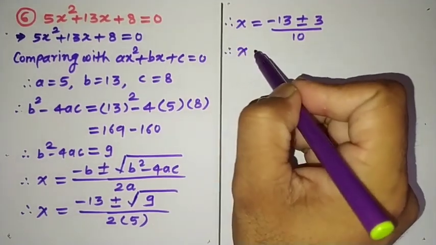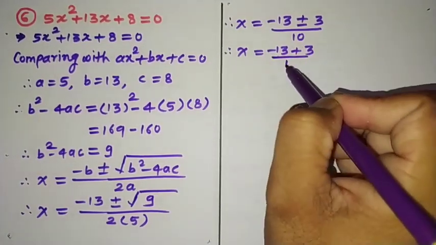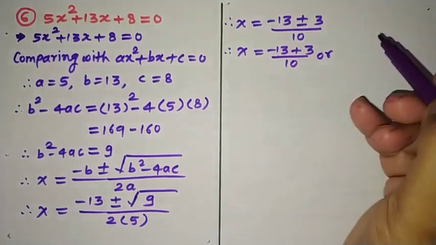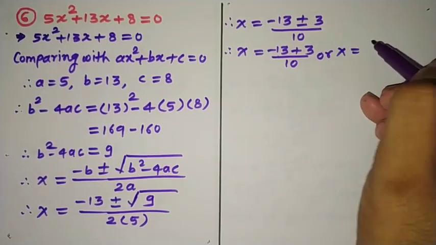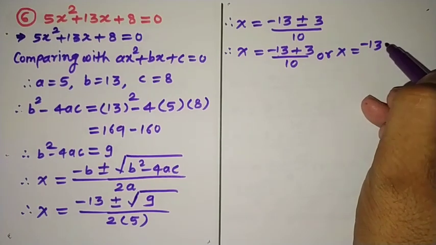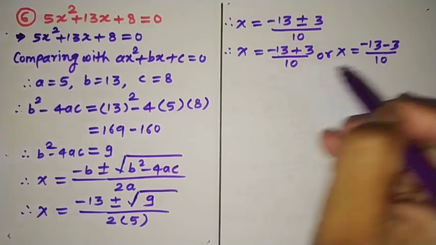Therefore, x is equal to minus 13 plus 3 upon 10, or x is equal to minus 13 minus 3 upon 10.